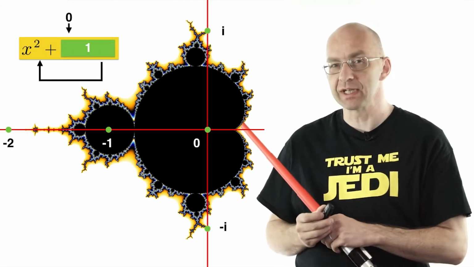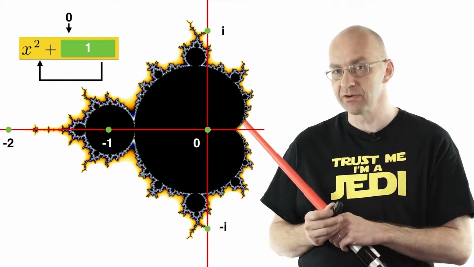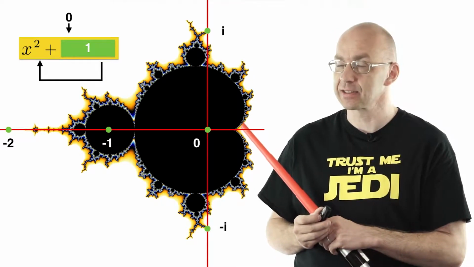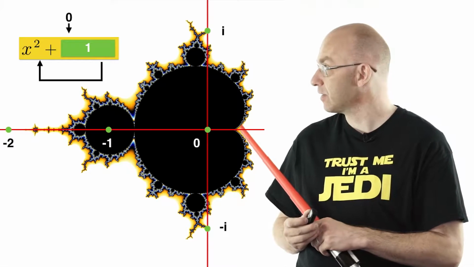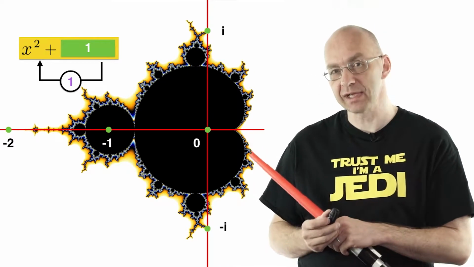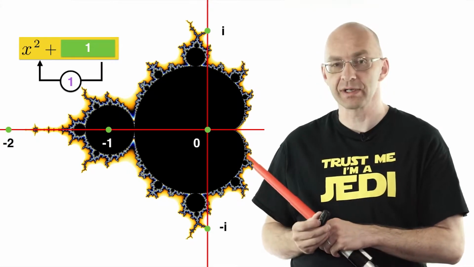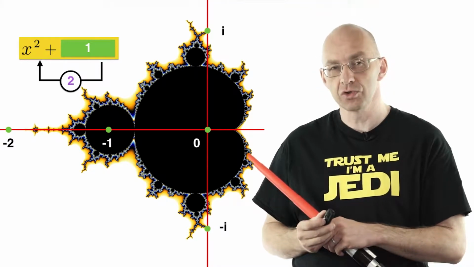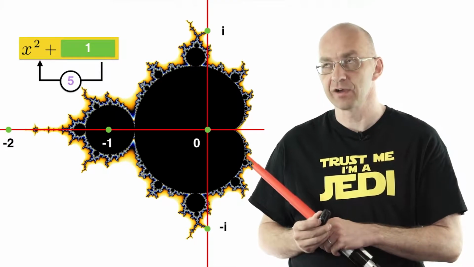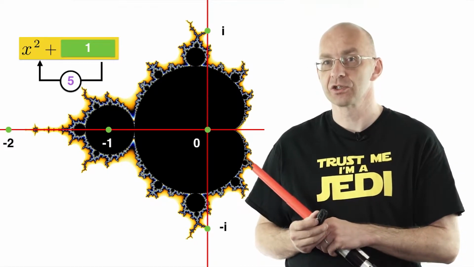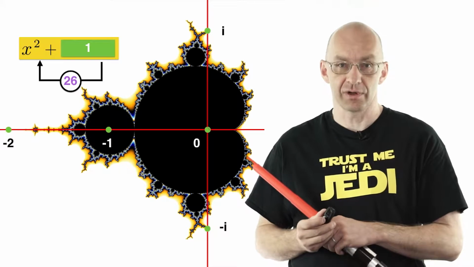Now, what we do is we initialize by sticking in 0 into this formula, and that gets us 0 squared plus 1 is equal to 1. Now we take what we get out here and stick it back in again. We get 1 squared plus 1 is 2. 2 squared plus 1 is 5. 5 squared plus 1 is 26. And so on.